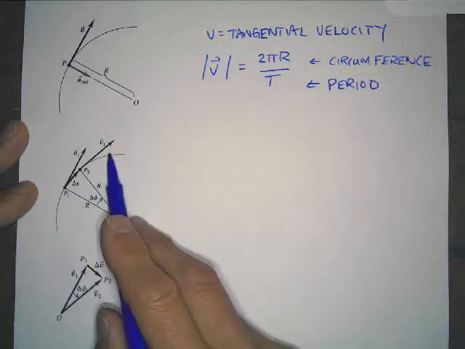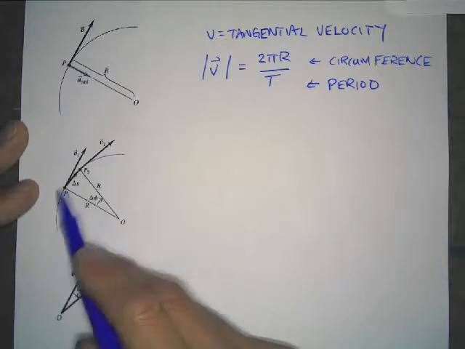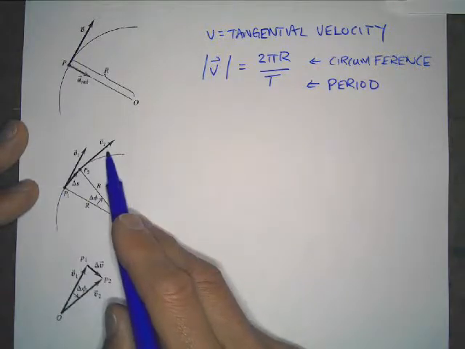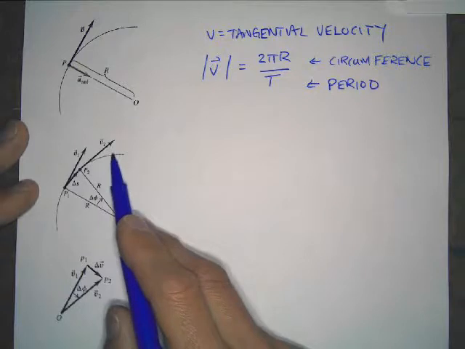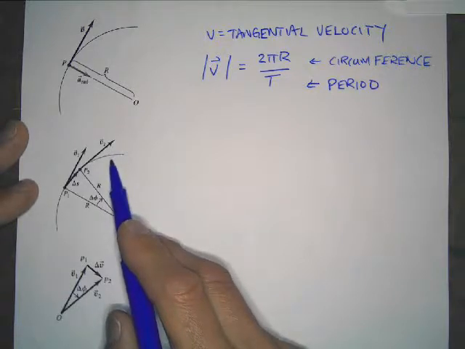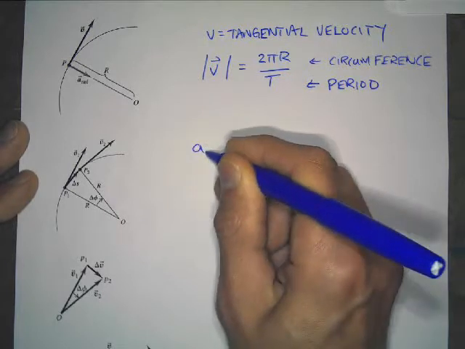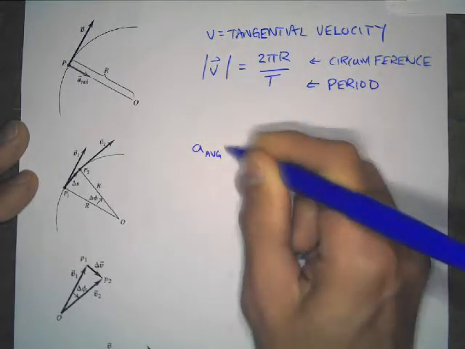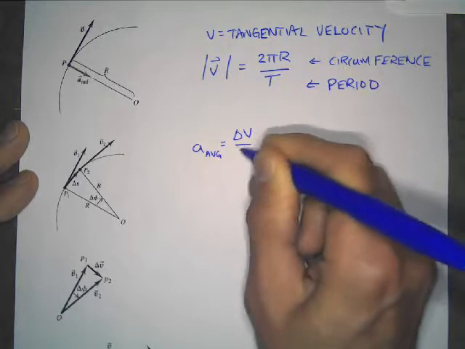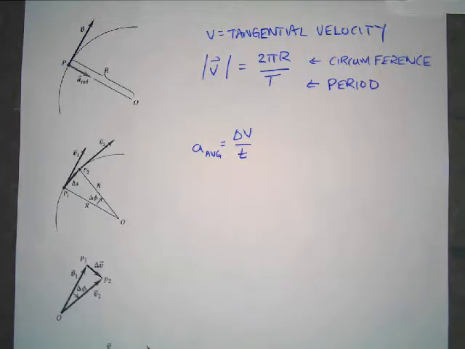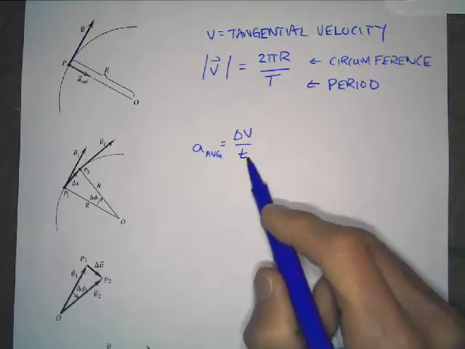Okay. So what we're going to do is we want to say, well, if that tangent is turning, then there must be some type of a change in velocity that we can calculate. So we want to find an acceleration here. And we want to use the definition of acceleration, which is a change in velocity over time.